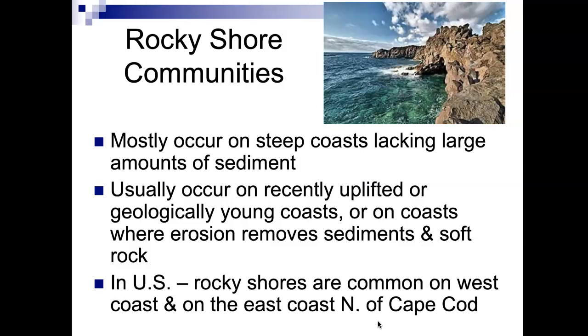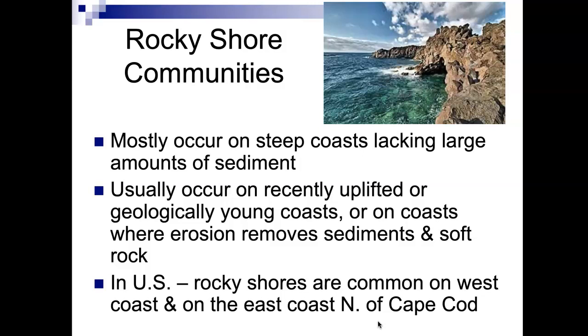Like I said, in the US, rocky shore communities are more common on the west coast because we have an active margin. Remember, the east coast is a passive margin. So you're going to have the steeper rocky shorelines on the west coast, where sediment wasn't able to build up because it's such a steep shoreline. On the east coast, you'll see this north of Cape Cod, again just because of some of the geological features in that area.